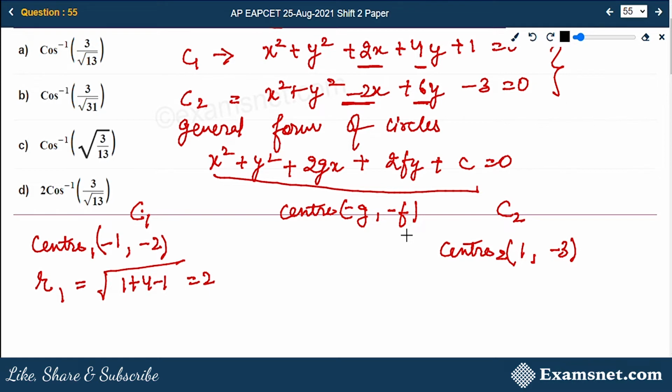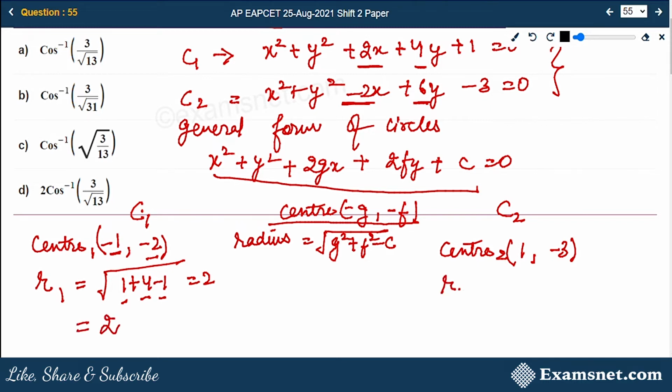The center was minus g, minus f. Similarly, the radius is given by the formula under root of g square plus f square minus c. g was 1, 1 square is 1, f square is 4, minus c is 1 in this case. So radius 1 came to be 2. Similarly, radius 2 is under root of g square plus f square minus c.